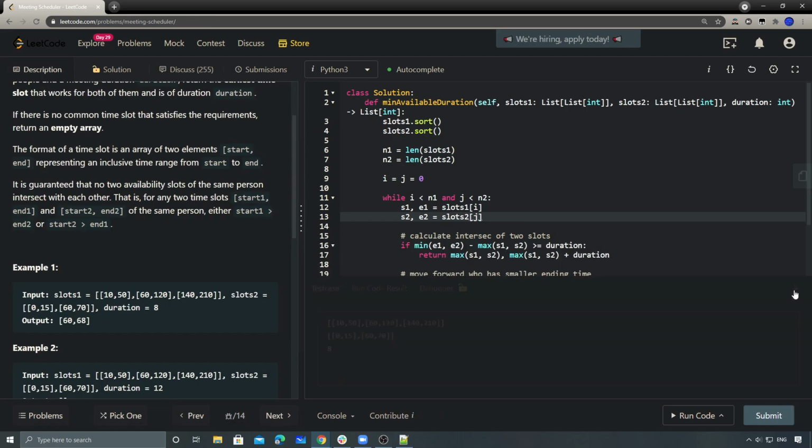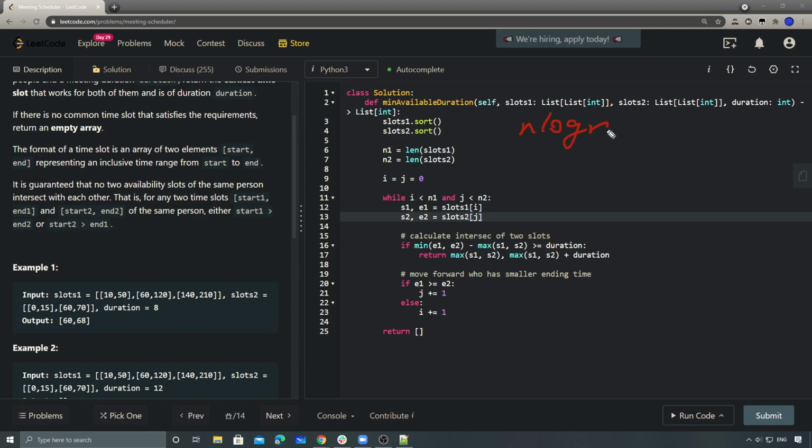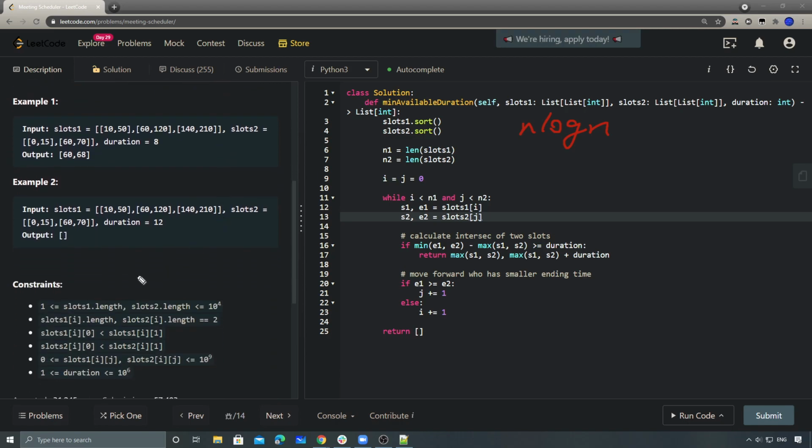So, time and space complexity. It's pretty straightforward. It's n log n. If you really want to get into detail, let's say we have lengths m and n, so we have n log n plus m log m for the time. And for the space, it's m plus n.